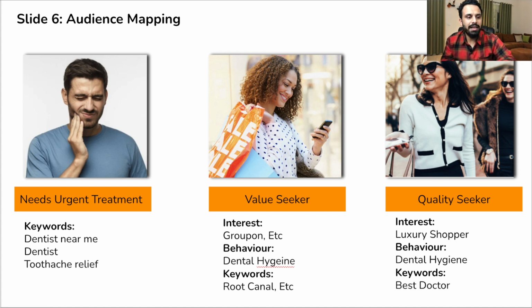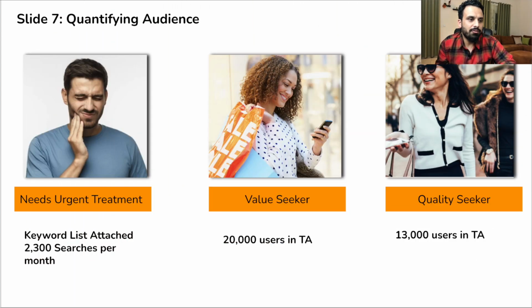And now how it helps you is, you want to create different targeting strategies for each of these personas. Now, for example, if we have to quantify these three personas, in UAE, we'll say there are 2,300 searches per month for keywords like dentist near me, urgent treatment, or keywords like that.